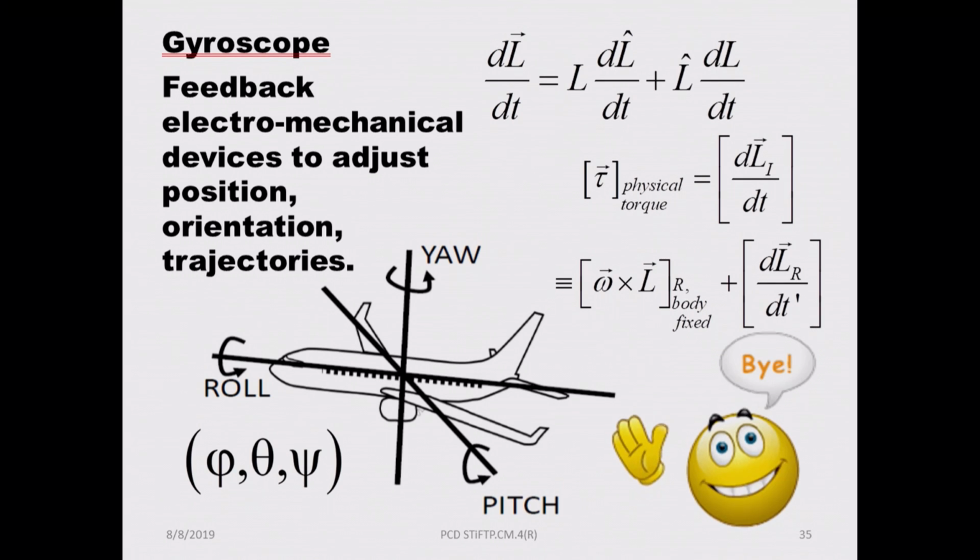So modern life, whether it is flying satellites, rockets, launching satellites which will go to other parts of the solar system, to the moon, to Mars or wherever, or flying aeroplanes, or even driving cars on the roads, they all involve the use of solving the Euler equations using sophisticated gyroscopes and having electromechanical coupling and feedback mechanisms for safety purposes.